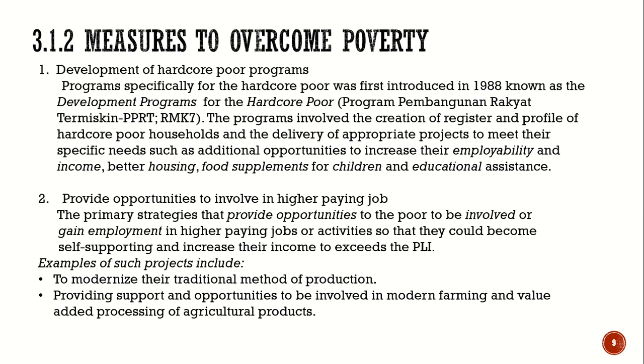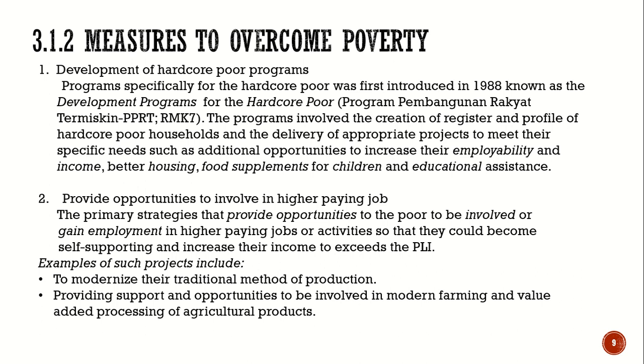Right. Number two, we can also solve the problem of poverty by providing job opportunities, especially jobs that pay a high wage. The primary strategy is to provide opportunity to the poor to gain employment in higher-paying jobs or activities, so that they can become self-supporting and increase their income to exceed the poverty line income, the PLI.